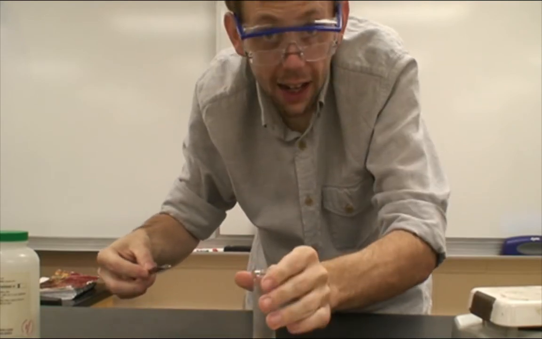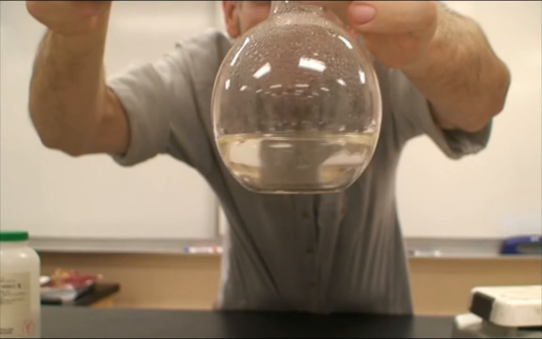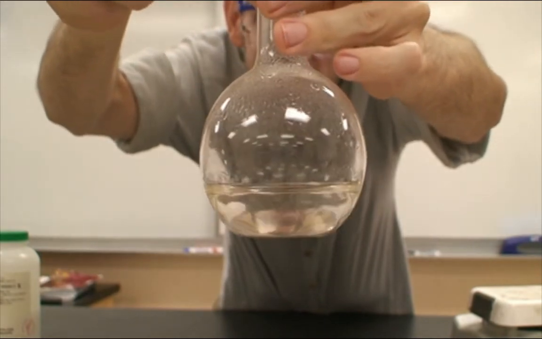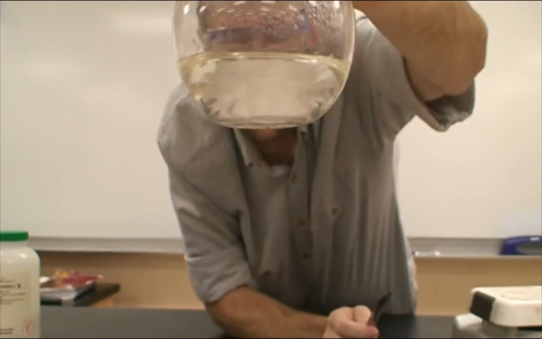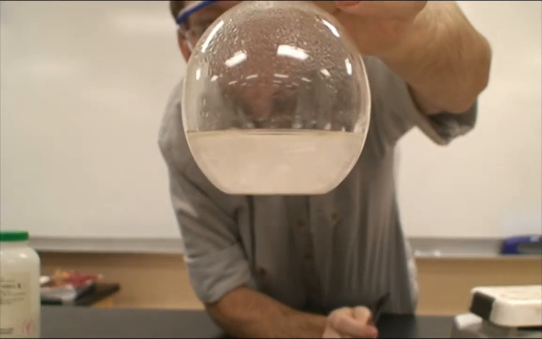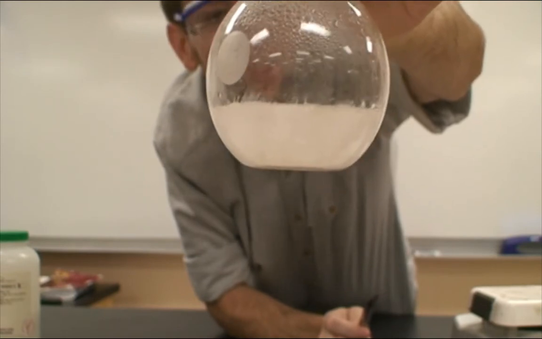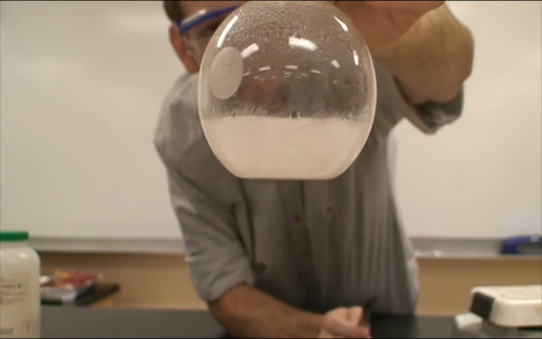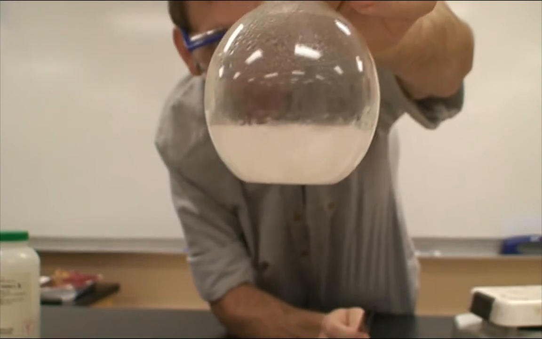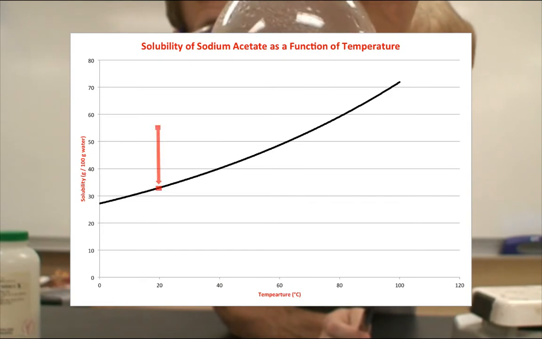So if I provide a site for nucleation, maybe I can get the metastable state to be forced down to a stable state. And as you can see, a solid is forming. That is all the excess sodium acetate that was dissolved, precipitating or crystallizing out.